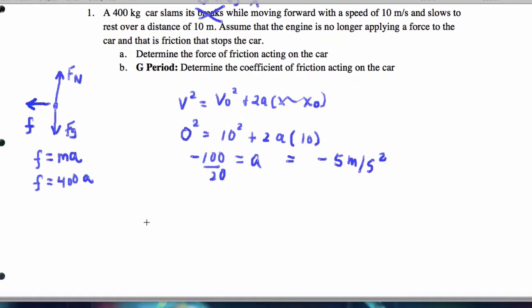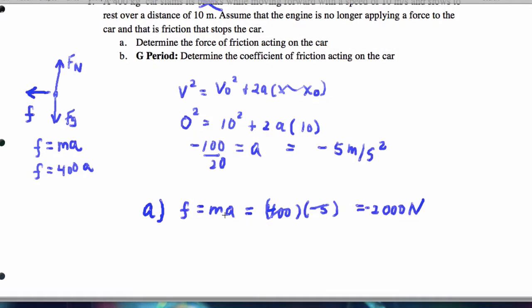So to get the force of friction, that's going to be F is MA, which is going to be 400 times -5, which is going to be -2,000 newtons.